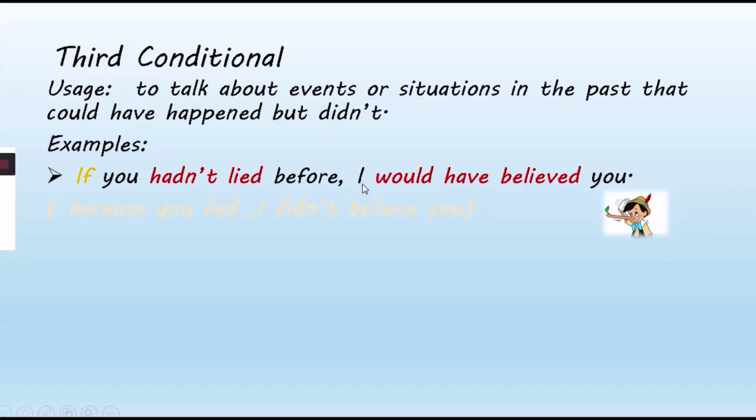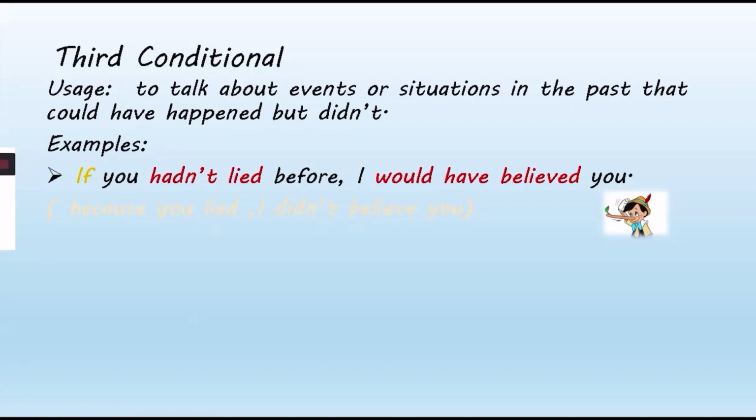Then in the main clause we have the subject, I would have believed. Now, in the second conditional we used only would followed by a base form of the verb. But in the third conditional you need to use would have followed with the verb 3 or past participle of the verb. What does this mean? It means because you lied before, I didn't believe you.